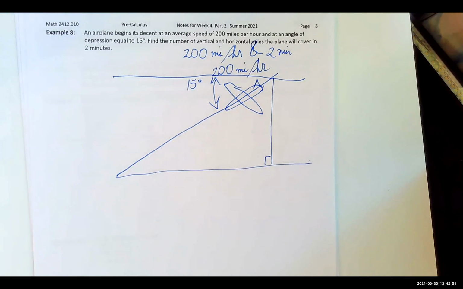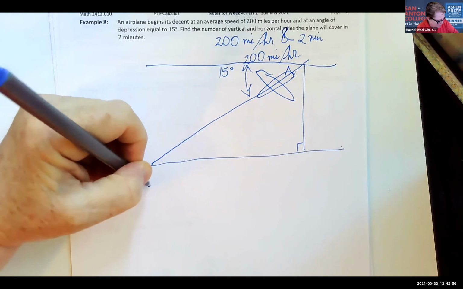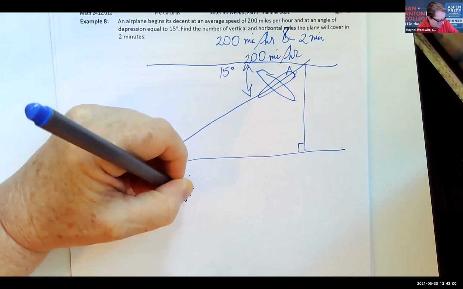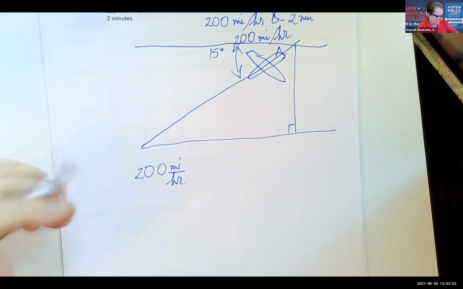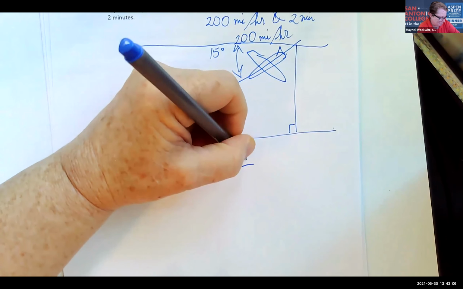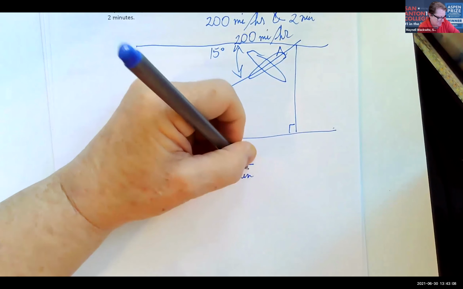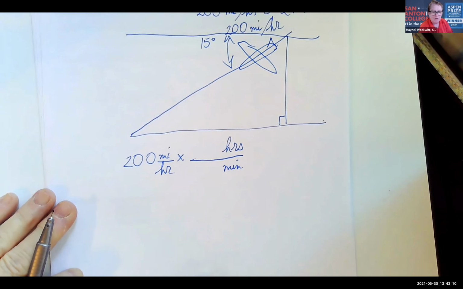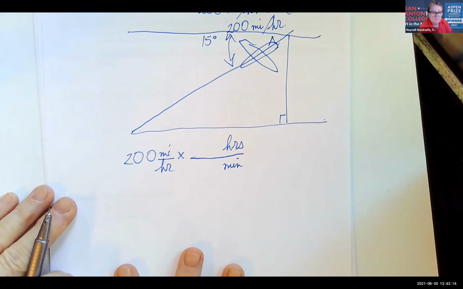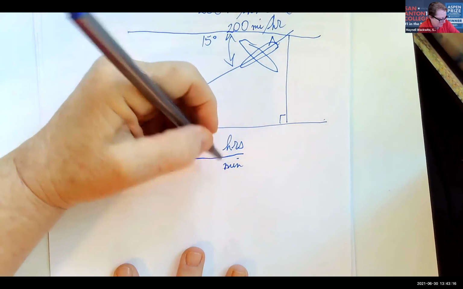Convert hours into 60 minutes. Okay, so we want to start with 200 miles per hour, and we want to convert hours to minutes. How many minutes are in 1 hour? 60 minutes.